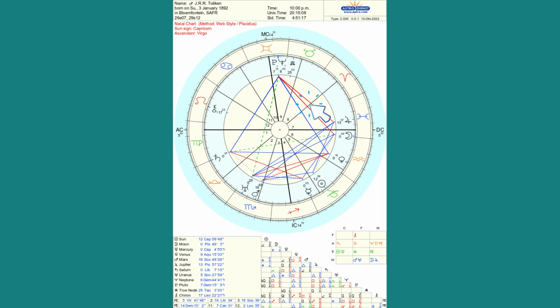So the arrow is pointing to these lines. You'll see all these lines within the chart, and these are the aspects. Depending on the degrees, there are sextiles, there are trines, which you can see there's a triangle in Tolkien's chart. In air, he has a grand air trine.